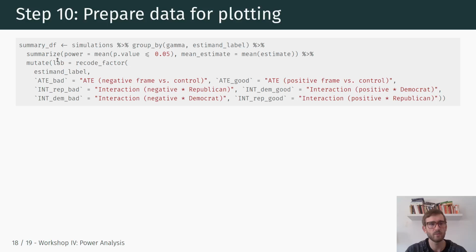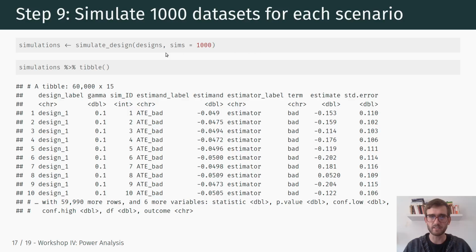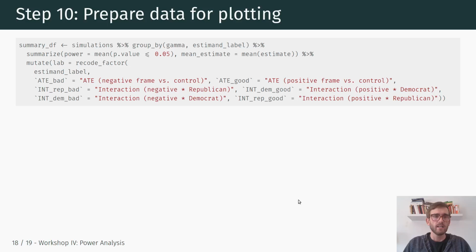And then I will compute the power by looking at the average of whether the p-value is smaller or equal to 0.05. The variable is of course not included in the output, but essentially one column in this data frame is the p-value for the specific estimator, for the specific estimate in that given scenario.